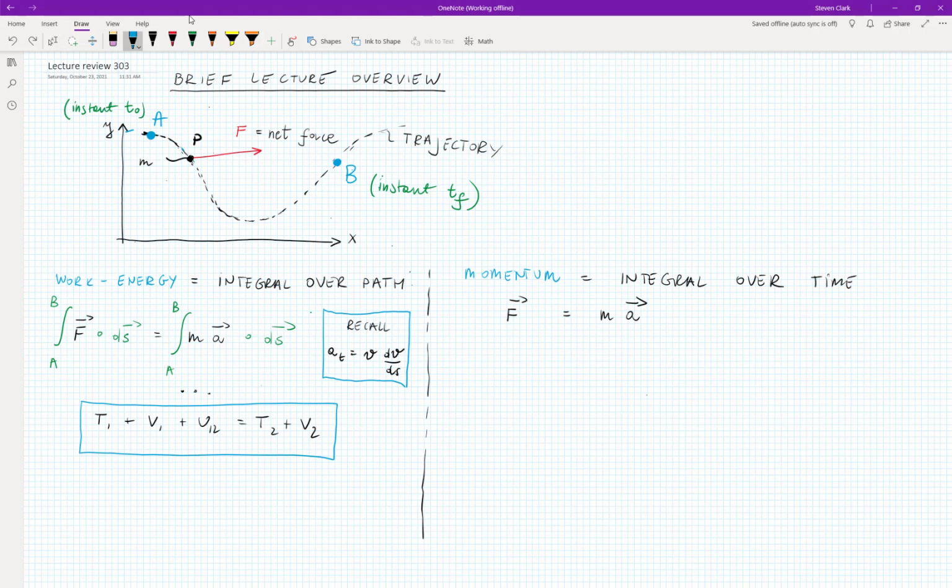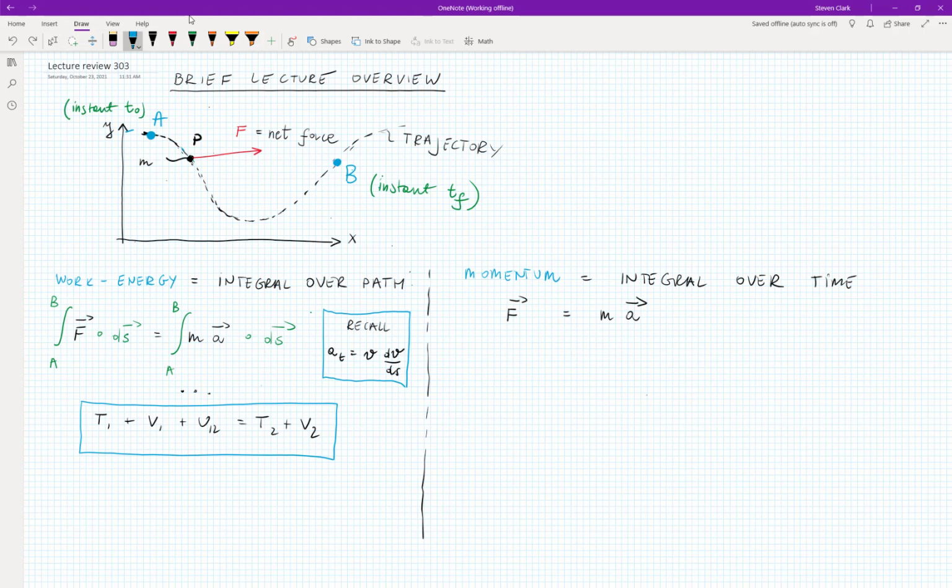In work energy method, let's take a step back to what we were already talking about. In work energy method, we started with F equals ma, and we projected on the path, and we took an integral over that path, right? To restate that in simpler language, we cared only about how much distance our particle is covering.